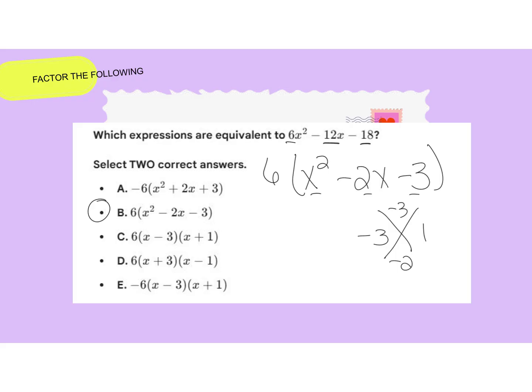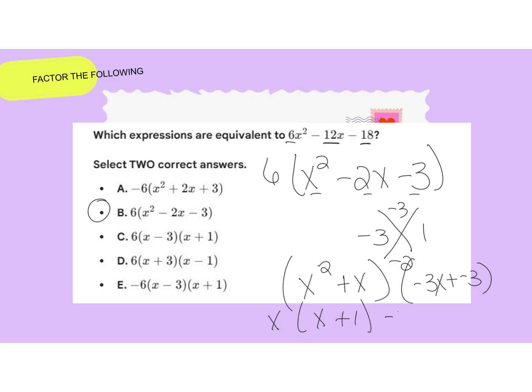And now I'm going to split my middle value. I have x squared plus x, minus 3x, minus 3. Okay. And now I'm going to take out the greatest common factor. Well, I can only take an x, and so I'm left with x plus 1.